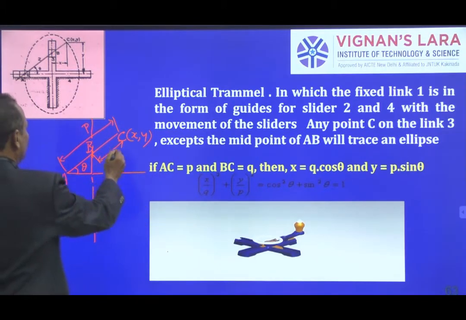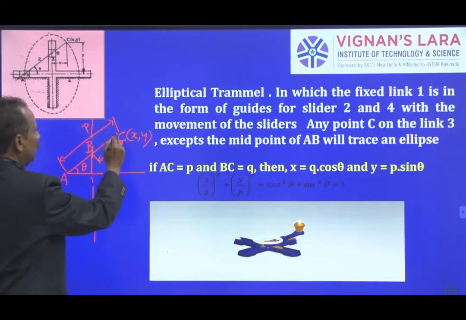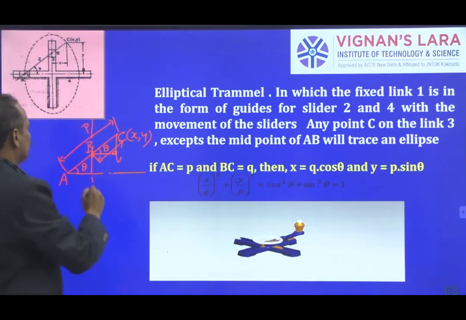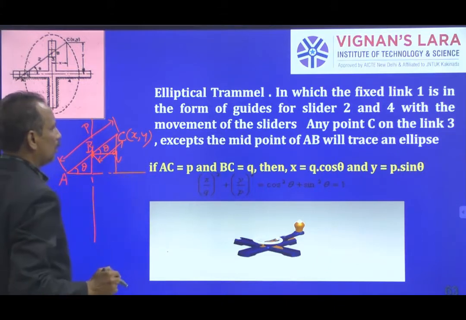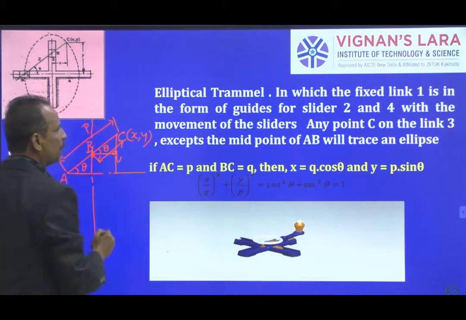If I take this triangle, x is q cos theta. If this is theta, then this is also theta. Similarly, this y coordinate is P sin theta.